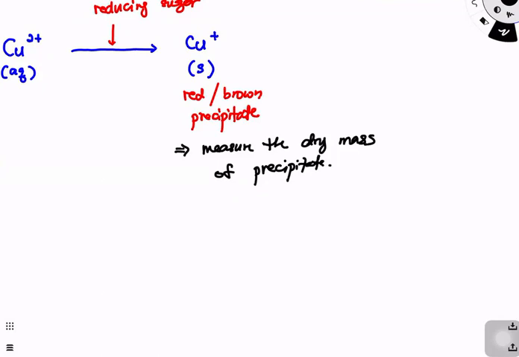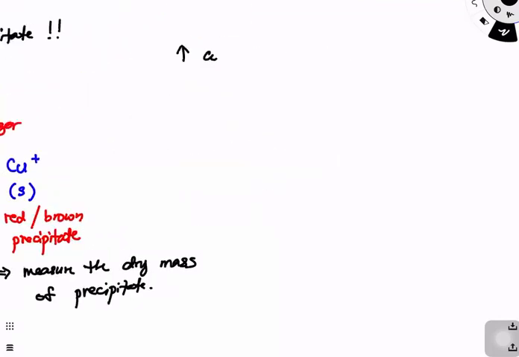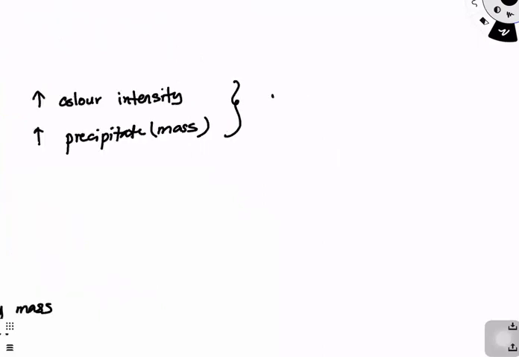So basically, the higher the color intensity, or the higher the mass of the precipitate, then I can claim that the higher the concentration of the reducing sugar. Common sense, right? It makes sense, right? But I have the big but here.